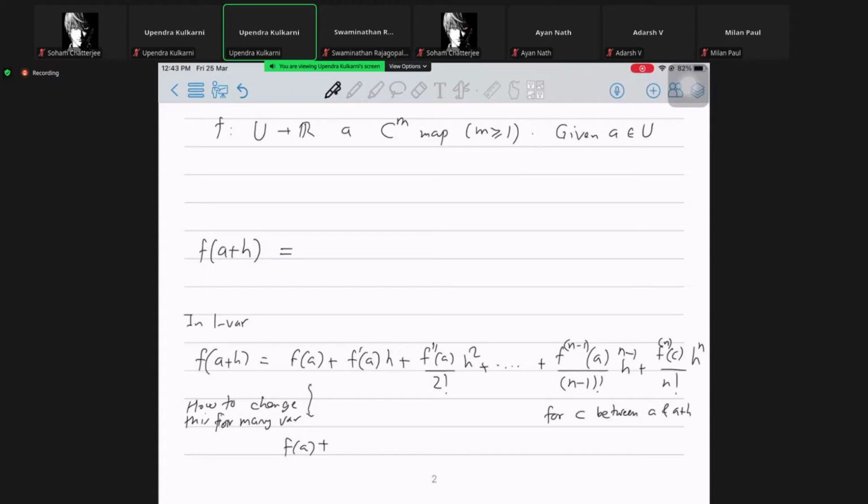Here we are still okay, because I can meaningfully think of this as d1f of a up to dnf of a. If I write this as a column, then this will be the gradient vector times h1 up to hn. That is still going to give me a number, so this is what the second term becomes.